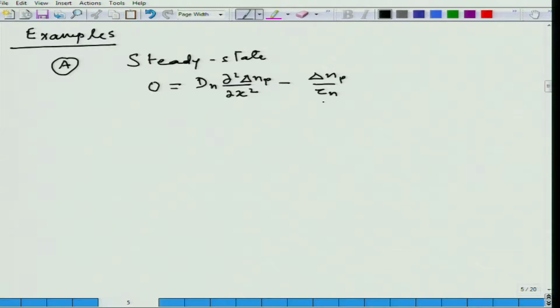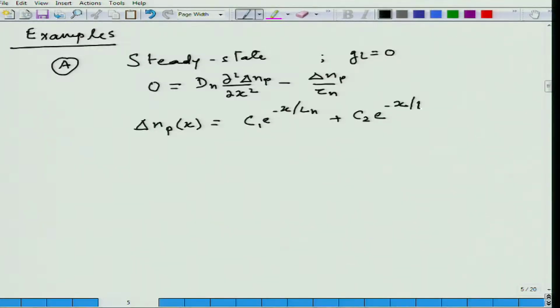Assuming here the photo generation G L is 0, the typical solution for the excess carrier concentration in p will be of the type ln plus C2 exponential minus x over plus x over ln, and these are constants which need to be evaluated for a given boundary condition.